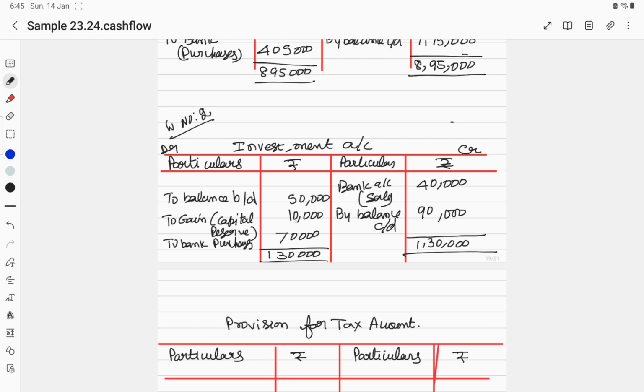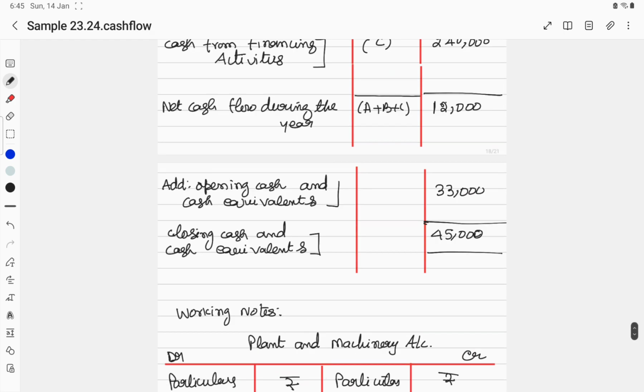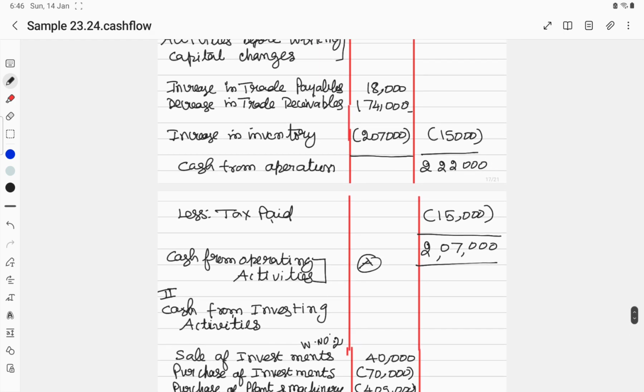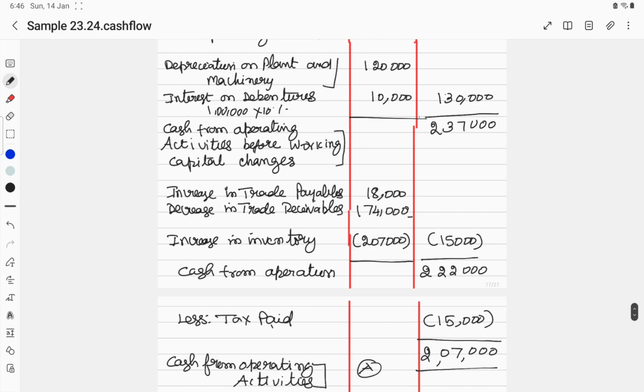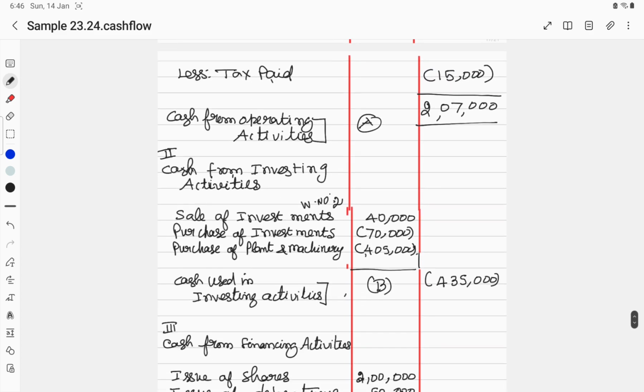Therefore 10,000 transferred to capital reserve. Then balance carried down 90,000 is given. Therefore the balancing figure, purchases 70,000 here, investment outflow.